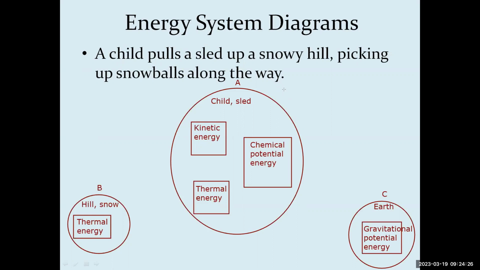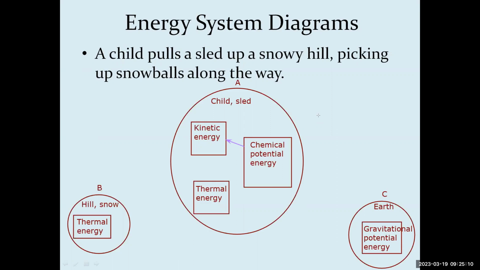So I want to try to keep track of both things. The first thing that occurs to me is that I'm going to have the child pulling the sled up the hill. The child is going to use some of their chemical potential energy, and it's going to become kinetic energy as the sled goes from being at rest at the bottom of the hill to moving as they are traveling up the slope.